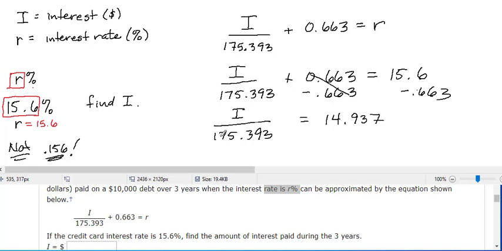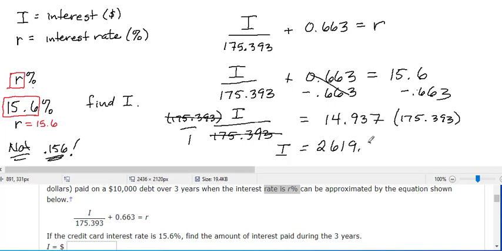14.937. And now to cancel the 175, which is dividing the I, we'll multiply. And when I'm multiplying, I create factors, so those will cancel out. Then over here, I have to also multiply by 175.393. And I got 2619.845241.